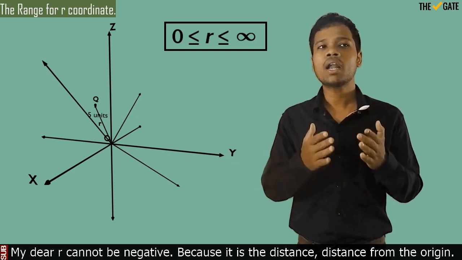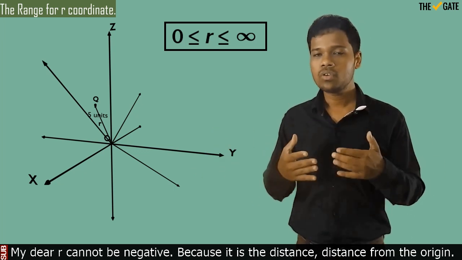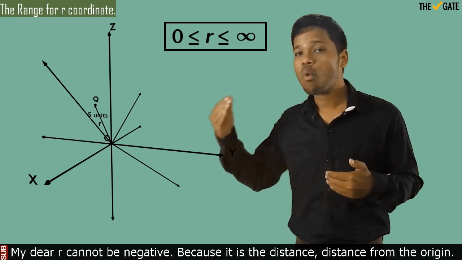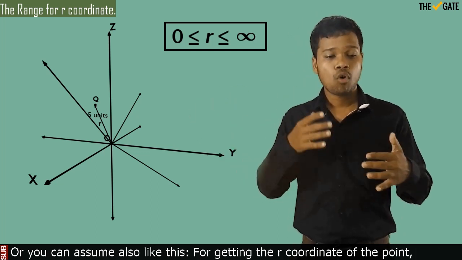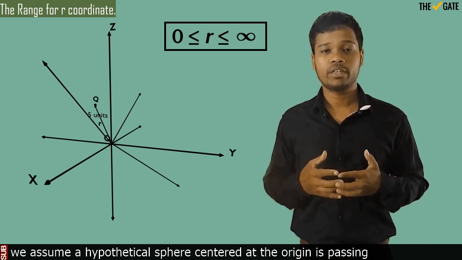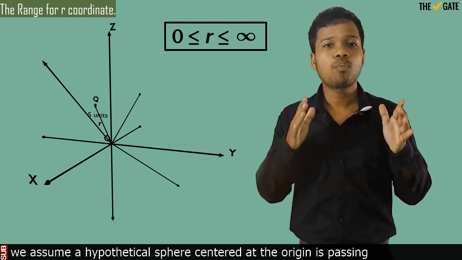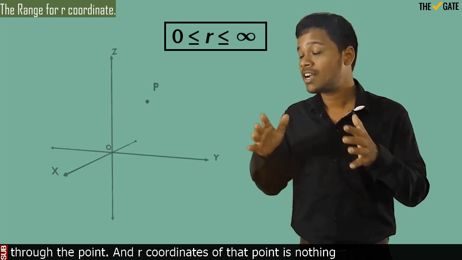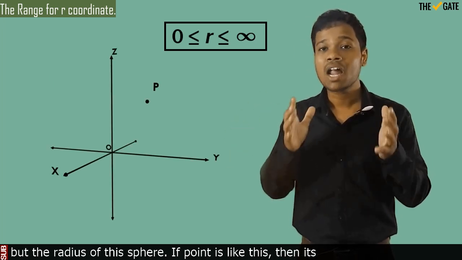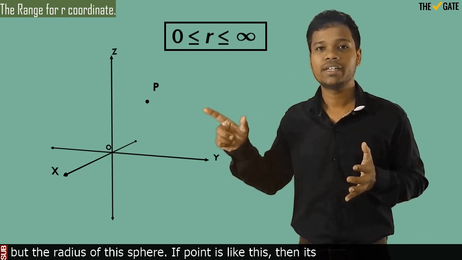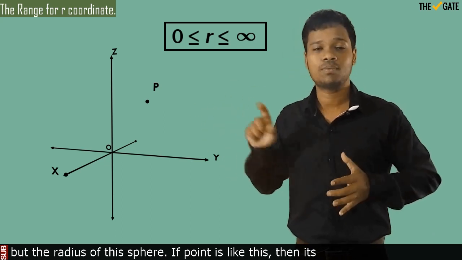My dear, r cannot be negative, because it is the distance of the point from the origin. Or you can assume also like this: for getting the r coordinate of the point, we assume a hypothetical sphere centered at the origin passing through the given point, and the r coordinate of that point is nothing but the radius of this sphere.